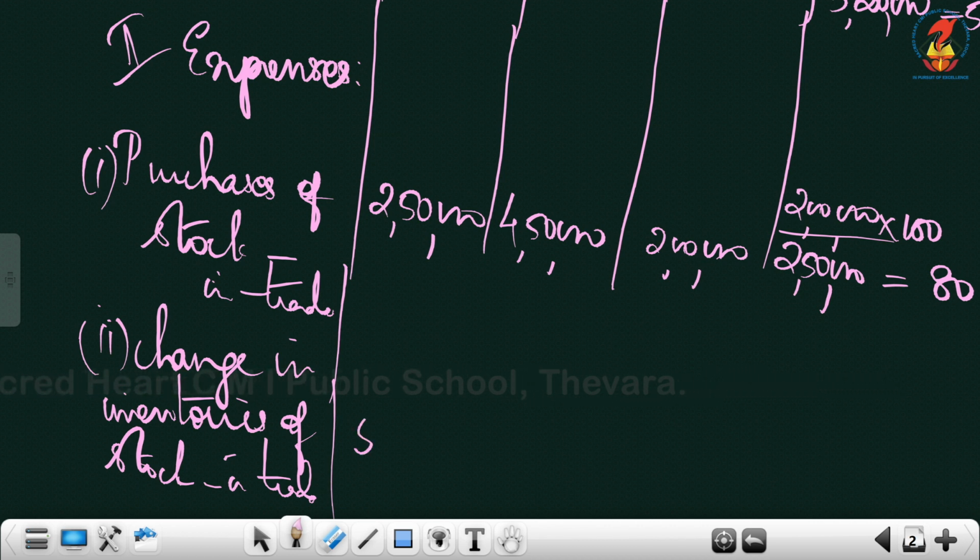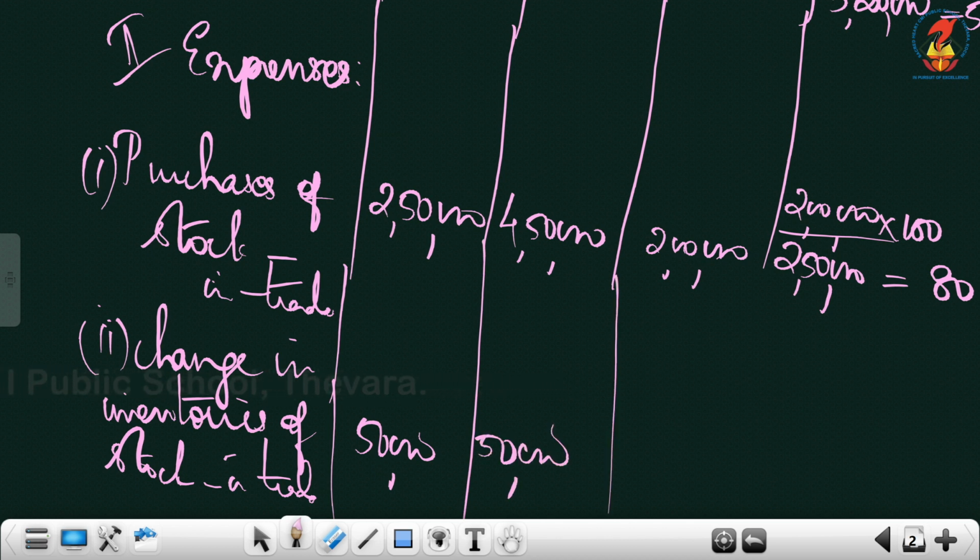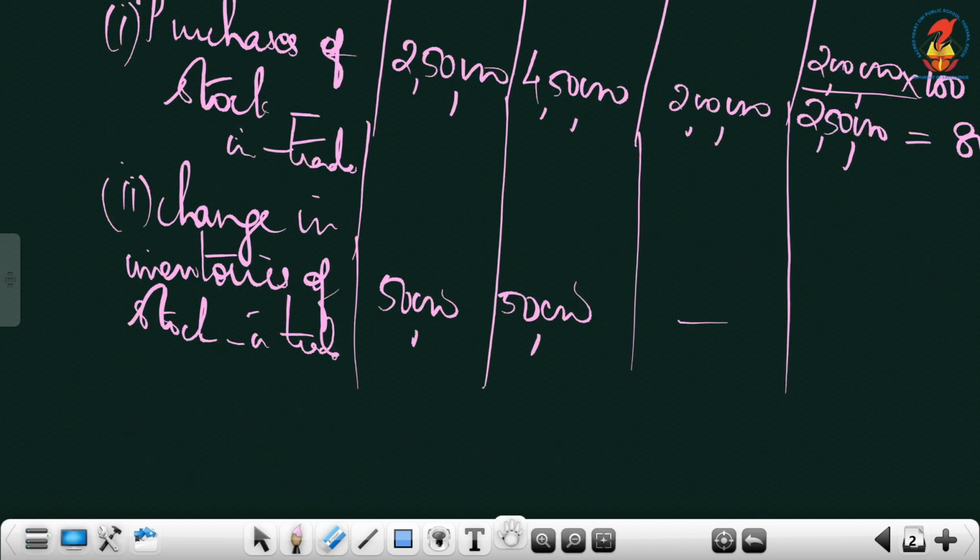For 2 years it is 50,000. So absolute change will be 0. 50 minus 50, 0, or you can write nil. Then percentage change also will be the same, 0 or nil figure, because both these are same. So there is no absolute change and there is no percentage change.